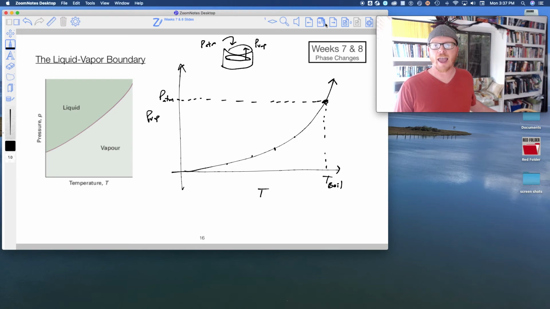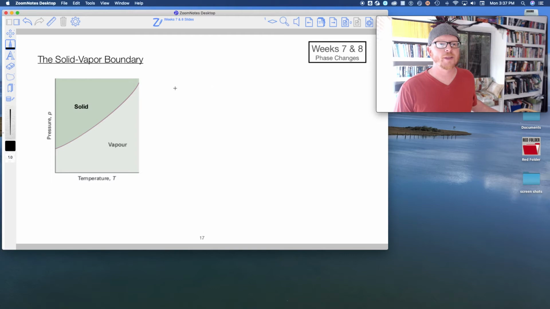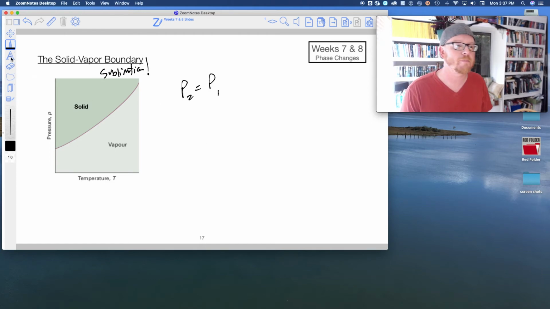Okay? And so now the solid vapor boundary, it turns out that it's exactly the same. So this is for sublimation, right?